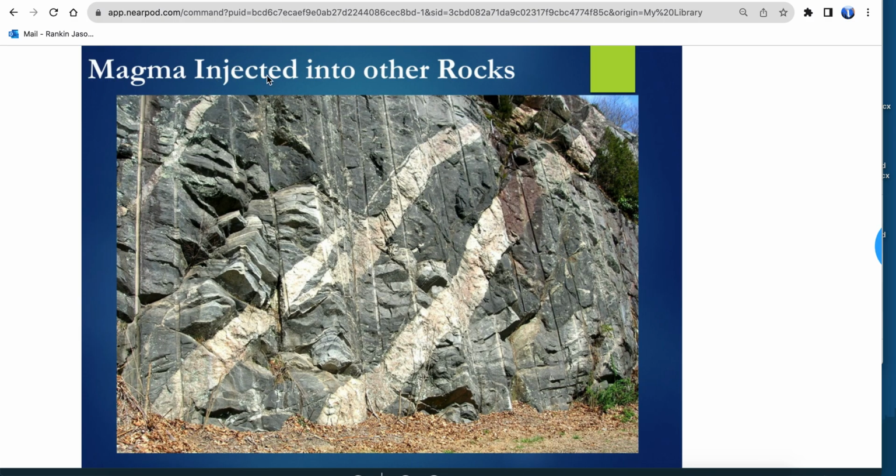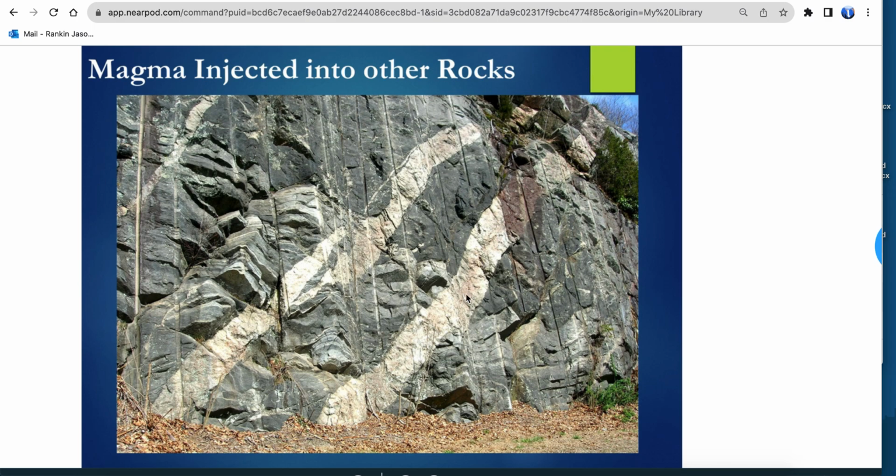All right, here's magma injected into other rocks. So we have these diagonal stripes going across. Here's one, and here is two. So here is some pre-existing rock. This gray or blackish color rock, and this magma source, this molten rock, which is light in color, went through this pre-existing rock.